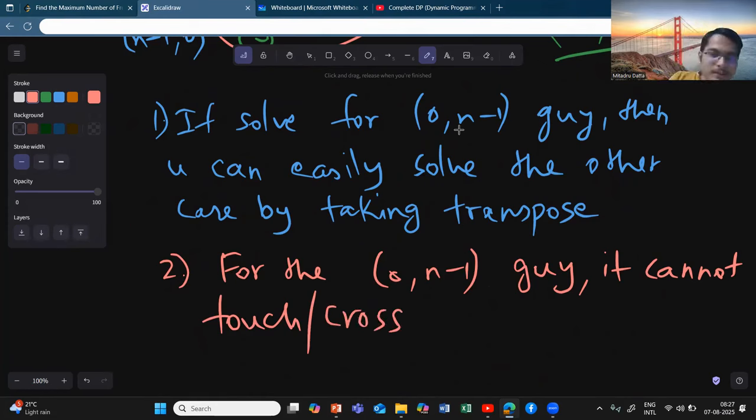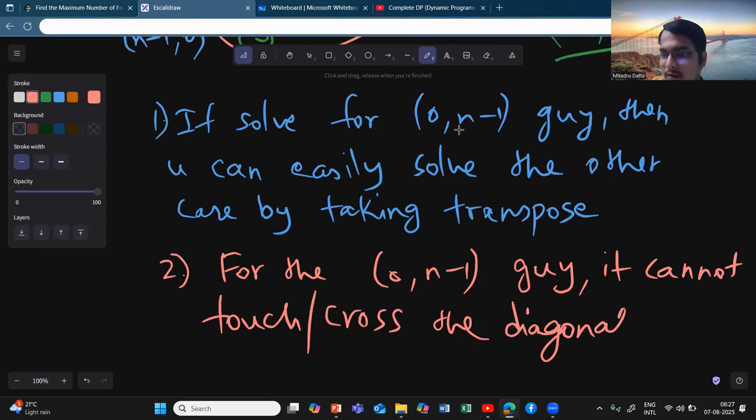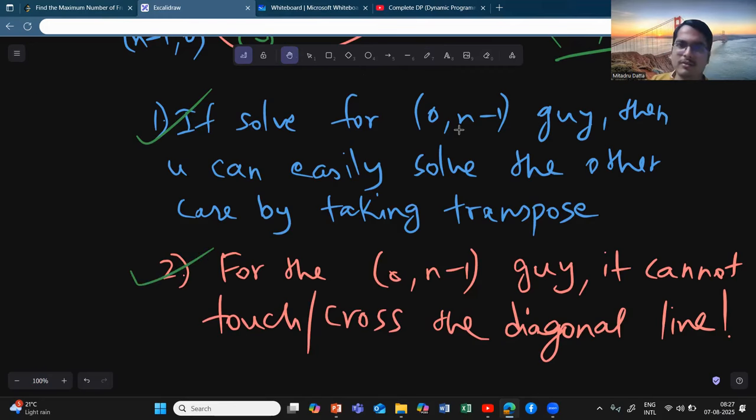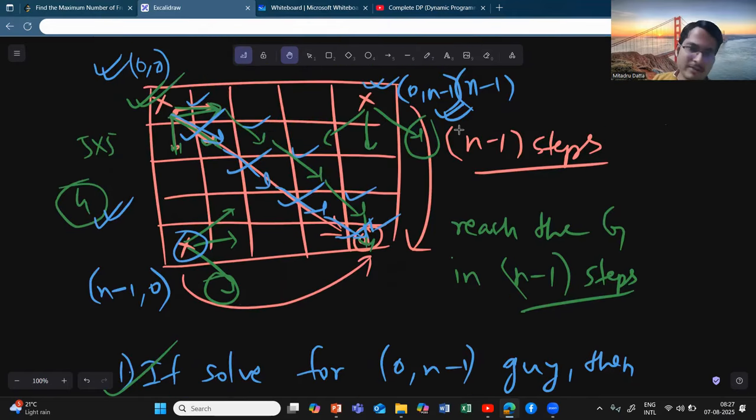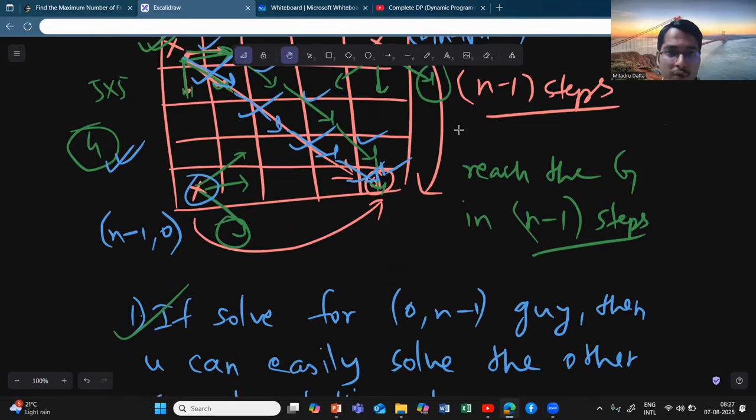You can just draw it on your copy and understand how you can cross without touching. Whatever be the case, I'm just telling that it cannot touch or cross the diagonal line. Okay, so this is another observation. I hope these two observations are pretty straightforward and pretty clear to you. Anyone should understand these two observations at least. Even if it does not click in your mind, I hope you now get it.